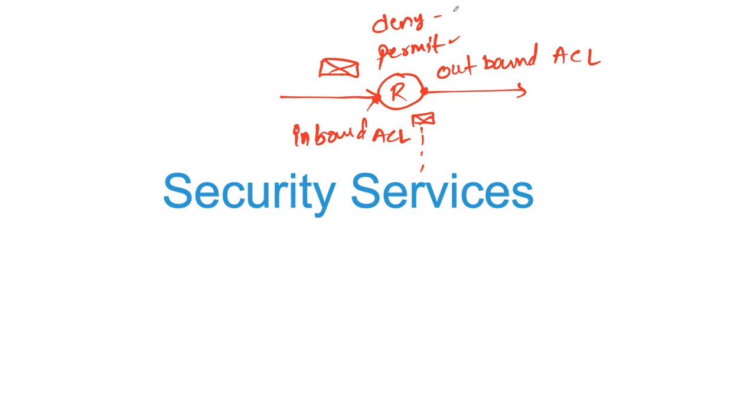So in that way, it is more secure in terms of checking and filtering packets to secure your network. Okay, let me give you a demo on this so that you can understand the concept.